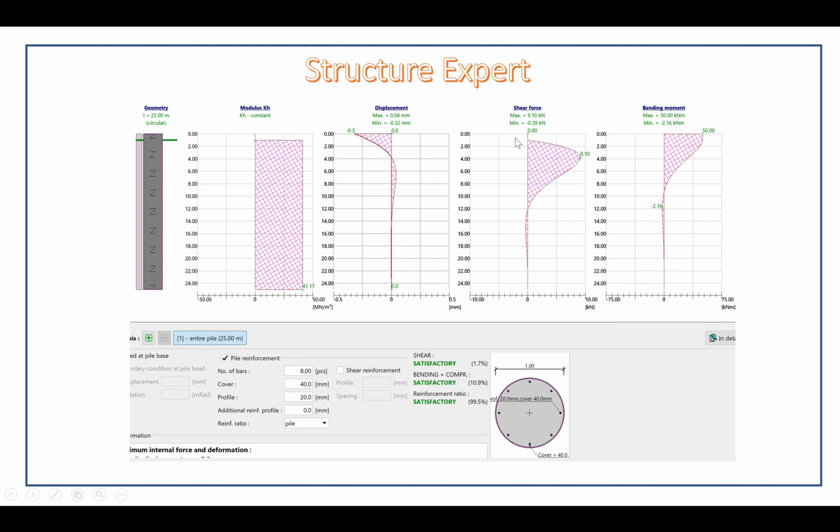You see here the shear force, this one is the moment, this one is displacement. The three are very important for our calculation, analysis and design. We will take all these forces to calculate the rebar and to verify with our section.